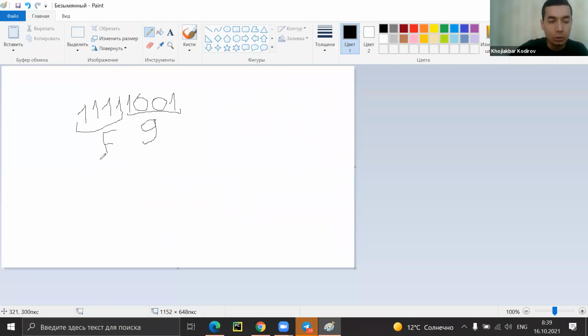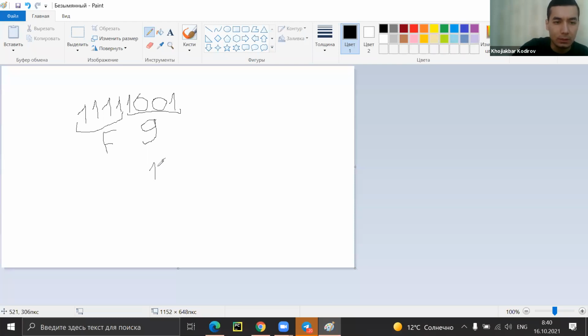So how can we turn this hexadecimal to a decimal number? Who will help me? Not to binary, to decimal. Okay, just help me. What should I do? 9 is equal to 9, and F is equal to 15. Let's start from the beginning.